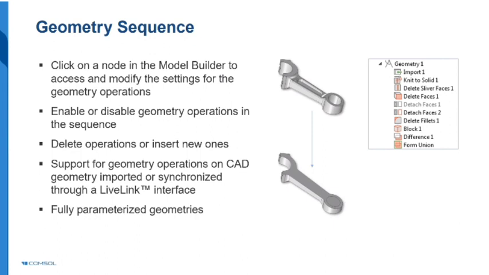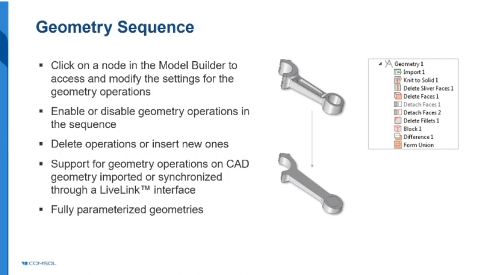The geometry sequence also supports geometry operations on imported CAD geometries. For example, you have imported the CAD and after that you might want to remove some excessive details, or partition that geometry. All those things are also possible for the imported CAD. Whereas if you are using these live link interfaces, one can get access to the entire geometry sequence through the live link, and you can access that geometry sequence from the parent CAD software as well.